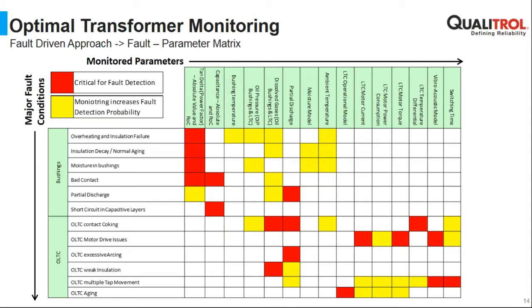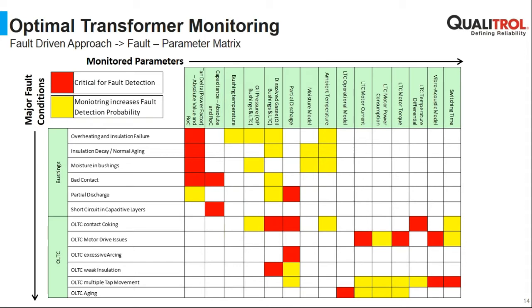In that regard, when the power factor is going up, then you're talking about overheating due to thermal runaway. Of course, it is quite far already, but there are some indications. So those are the important parameters for detecting this type of fault.